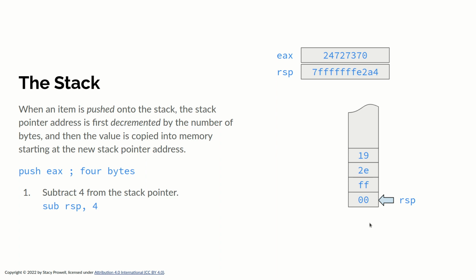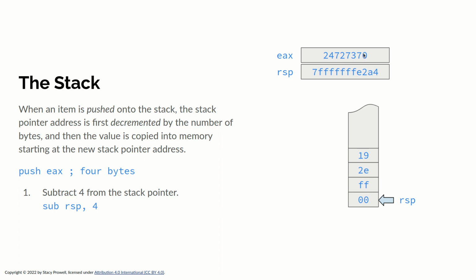Now we want to copy these 4 bytes, 24, 72, 73, 70, into here. We're going to copy it in starting at this address. This is ascending memory, and we like to store things little endian. Where's the little end of EAX? It's right here, it's 70.